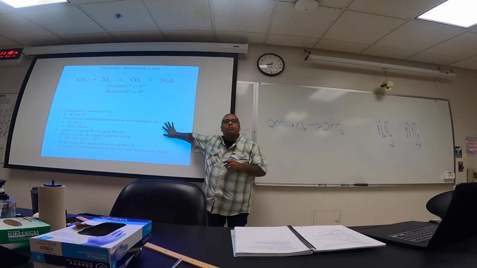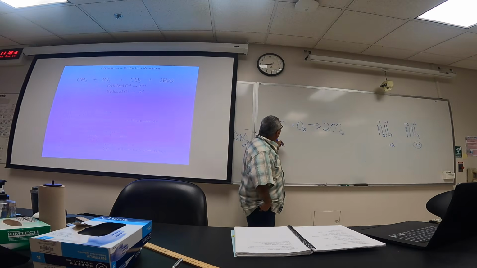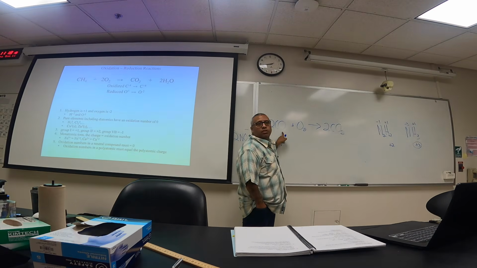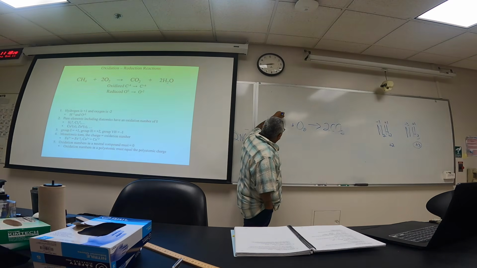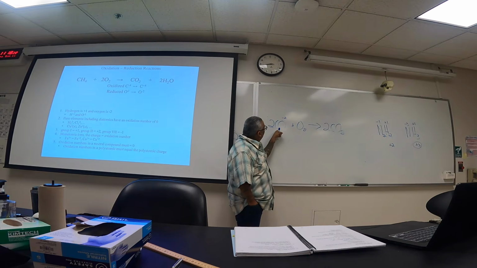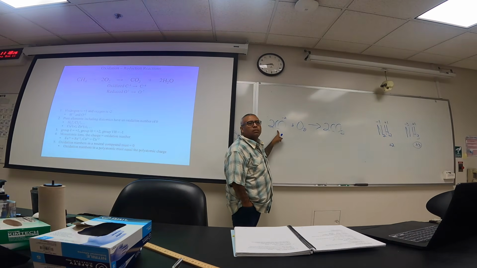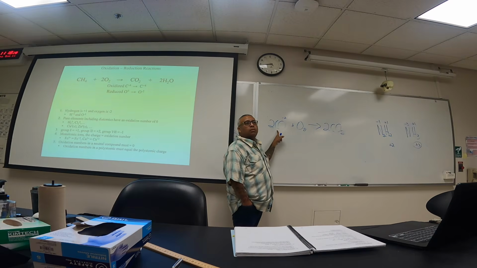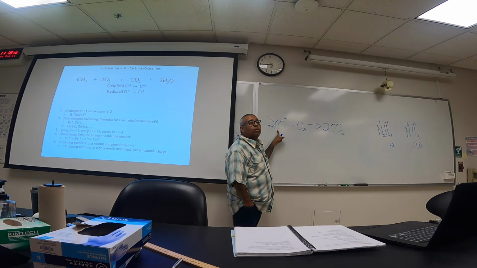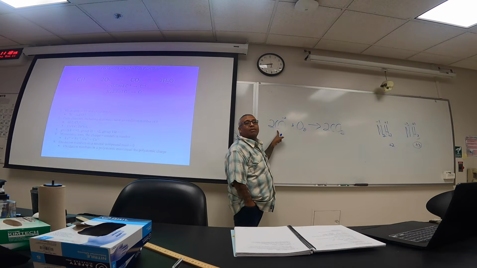Using these rules, not the periodic table, what's the oxidation number of oxygen? -2. The carbon, can we use rule number 1 for this? Rule number 2? Rule number 3? Is this in group 1, 2, or 7?